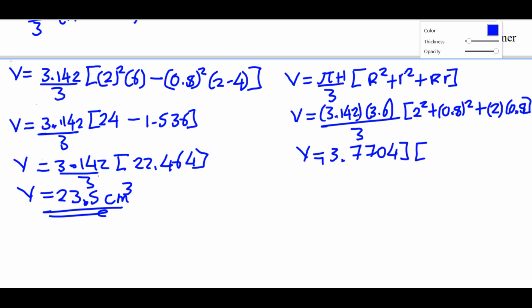We move on to this point. We have 2 times 2 is 4. 4 plus 0.64 plus 2 times 0.8, I'm getting 1.6.